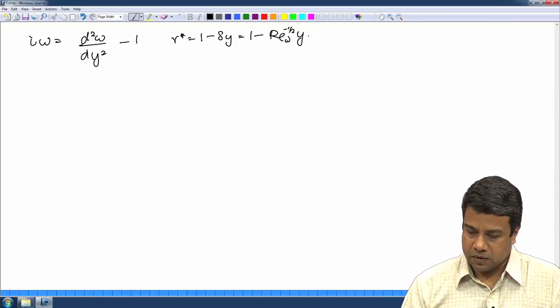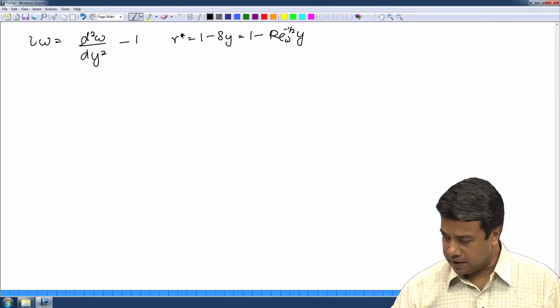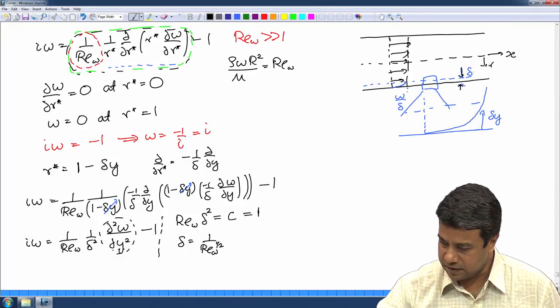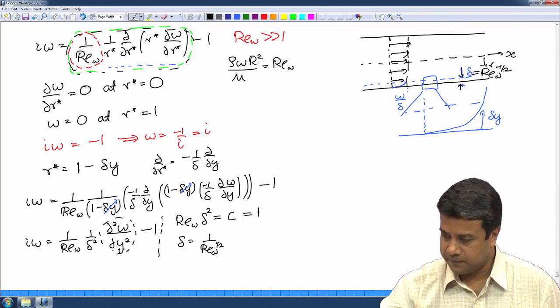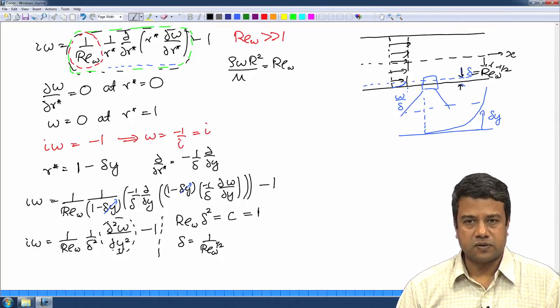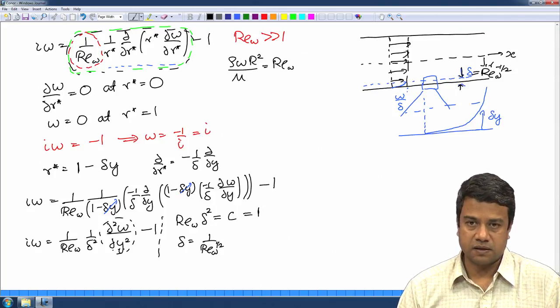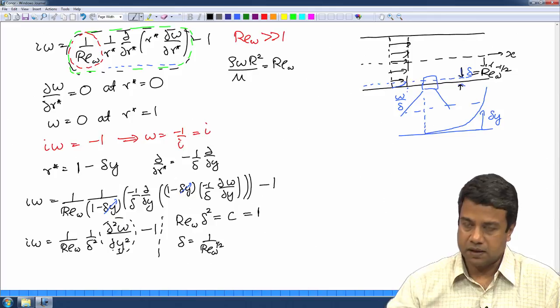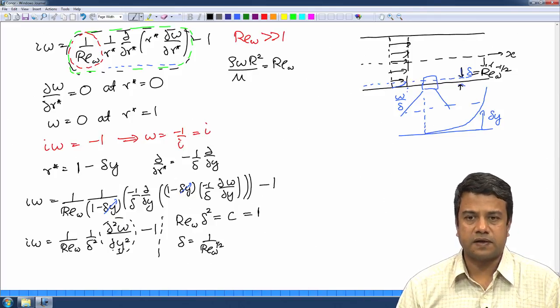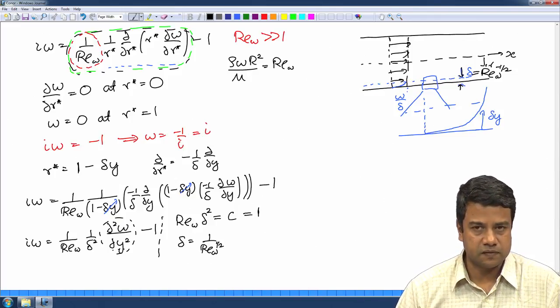What this balance has basically told me is that the thickness of this layer is Reynolds number to the power minus half. As I said, it goes to 0 as Reynolds number goes to infinity in such a way that within this region inertial and viscous effects continue to be of equal magnitude, within this region alone. In the outer region, of course, inertial effects are much more dominant in comparison to viscous effects.